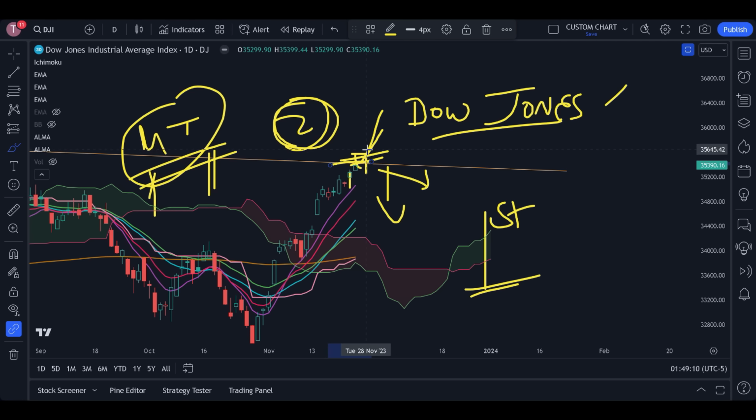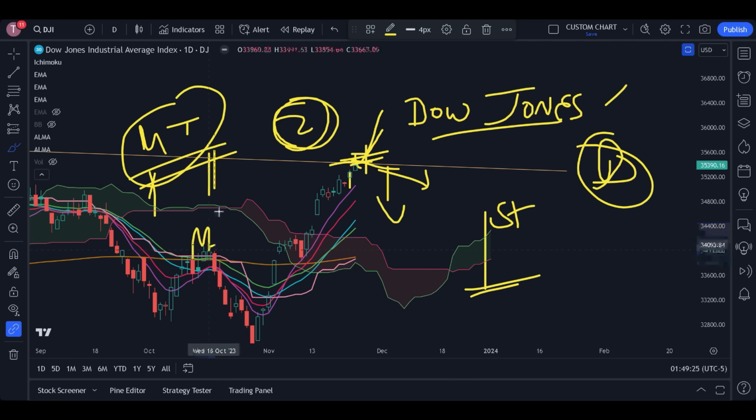However, if there comes a fall on Monday, and both the Dow Jones and the S&P 500 close below the trend line, in that case we do not need any other logical or illogical reason. In that case, only the manipulation can help it to move up and to sustain.